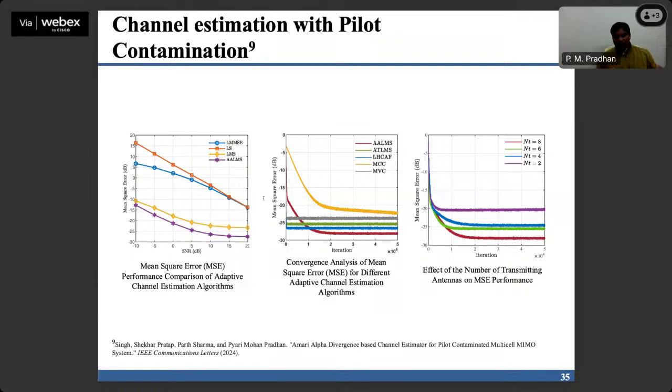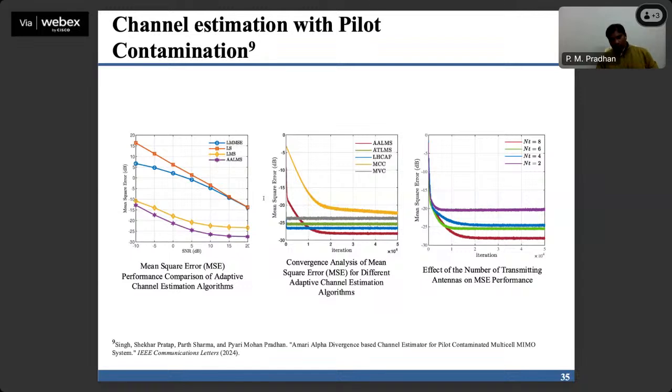Okay. But there are some cases where the pilot signals are also limited in number, so those pilot signals can also be contaminated because of the interference that you get from multiple users. Okay, so in those scenarios also we have tested the divergence based cost functions, and the graphs are shown here.